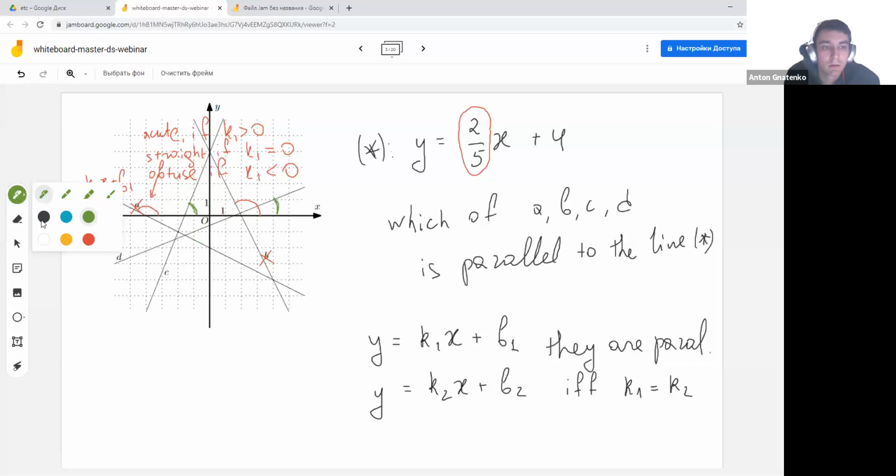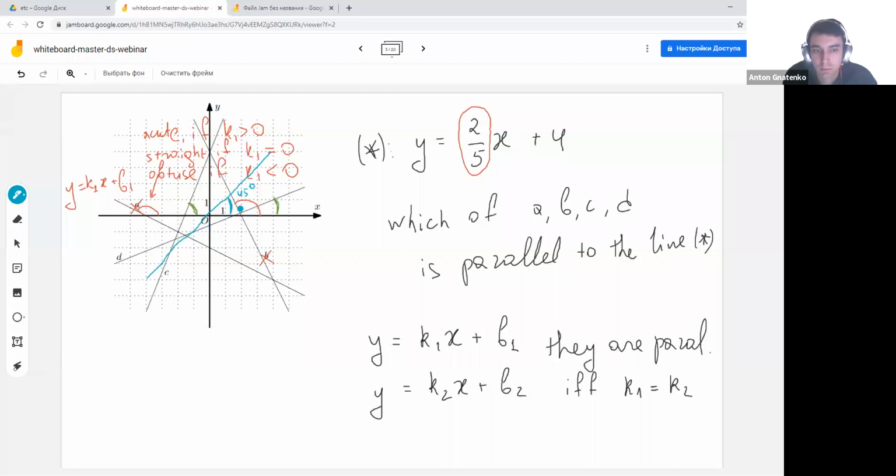But then, let me draw the line for which the coefficient equals 1. If the coefficient K equals 1, then the line has an angle equal to 45 degrees. If the coefficient is less than 1, then the angle is smaller. If the coefficient is greater than 1, then the angle is larger.